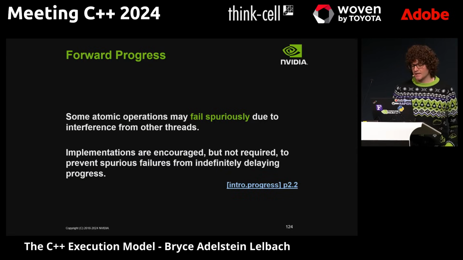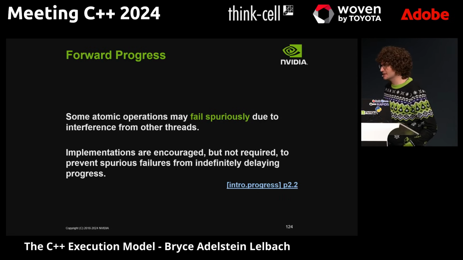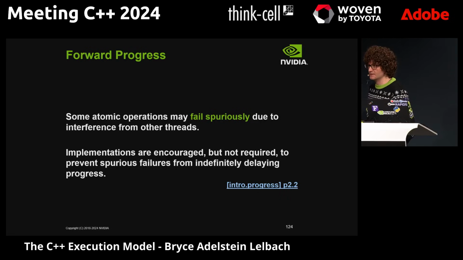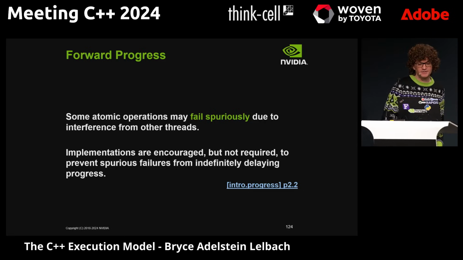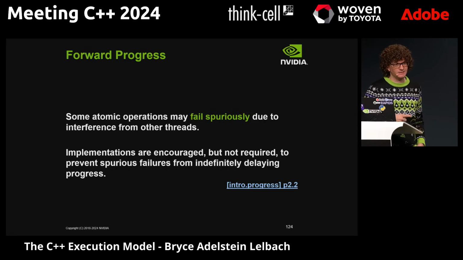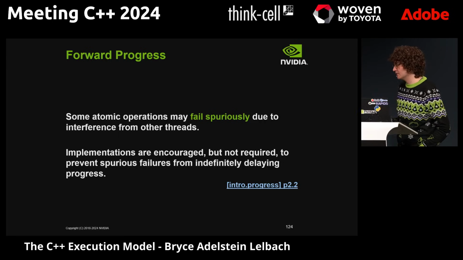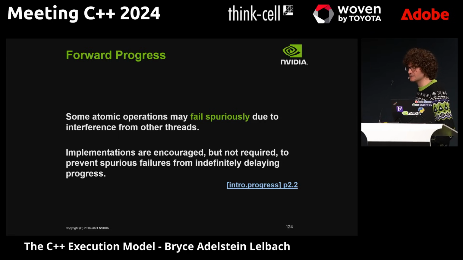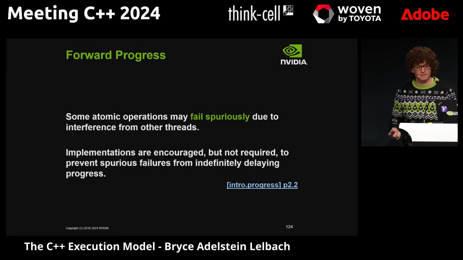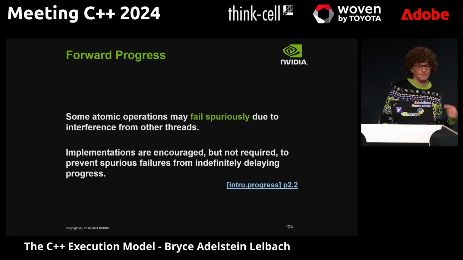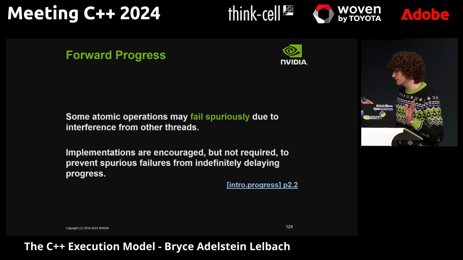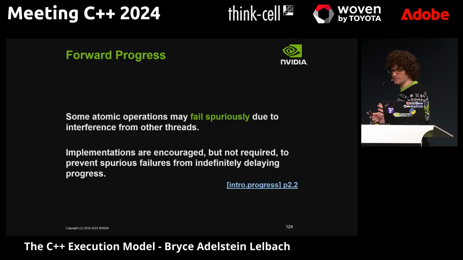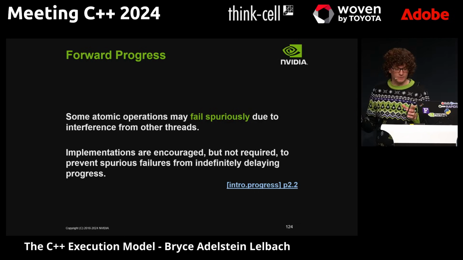Some atomic operations can fail spuriously due to interference from other threads, and implementations are encouraged but not required to prevent spurious failures from indefinitely delaying progress. So for example, on load-locked and store-conditional architectures such as ARM, another thread may repeatedly steal your desired cache line for unrelated purposes in between the load-locked and the store-conditional instruction.